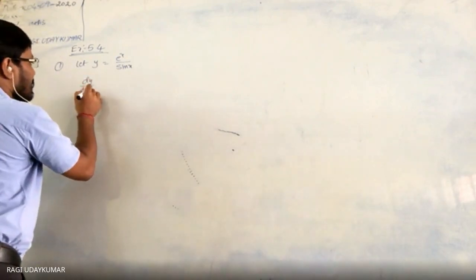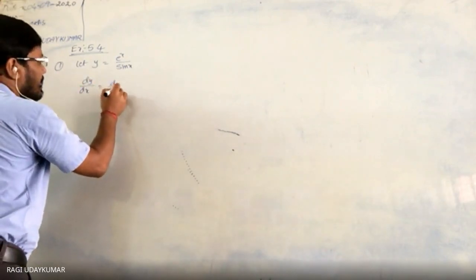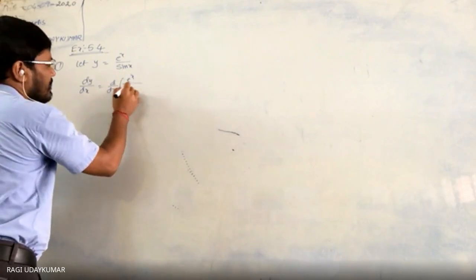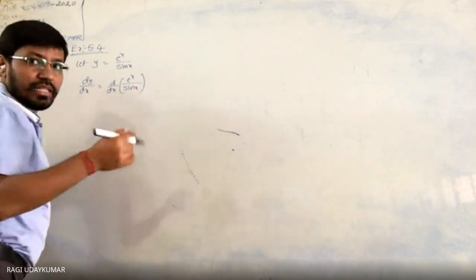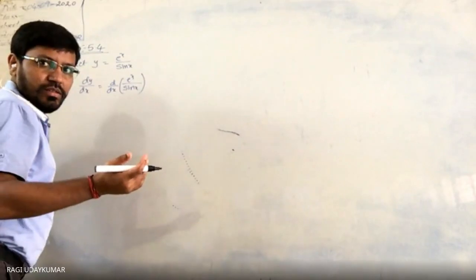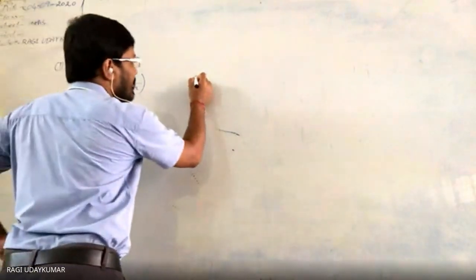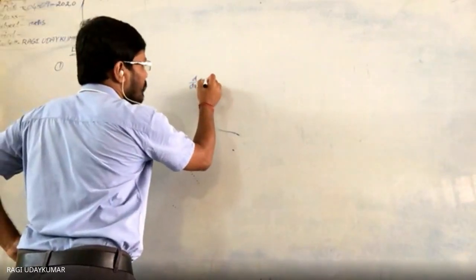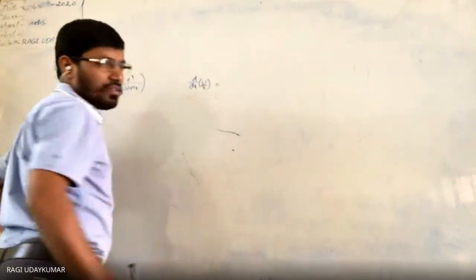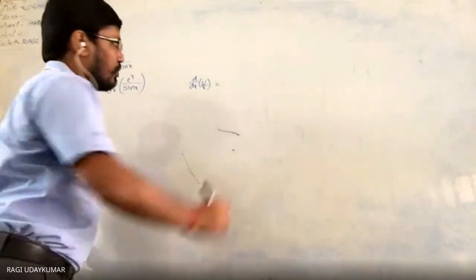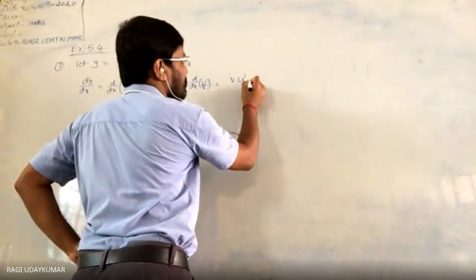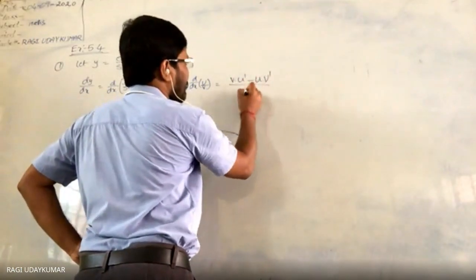So dy by dx is equal to d by dx of e power x by sin x. So it is in the form of u by v. So this is equal to d by dx of u by v, which is equal to v into u dash minus u into v dash by v square.